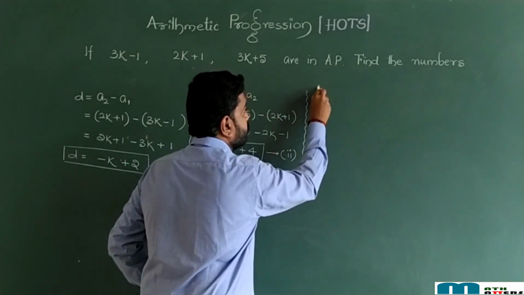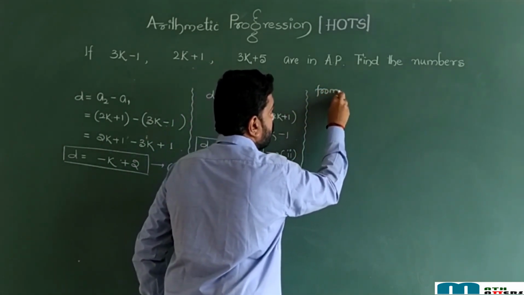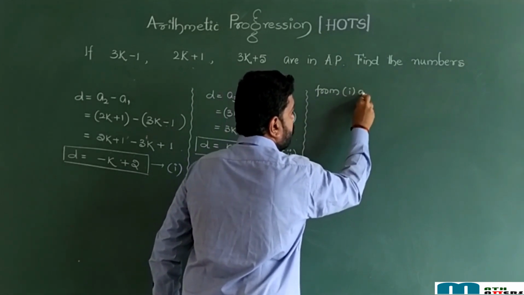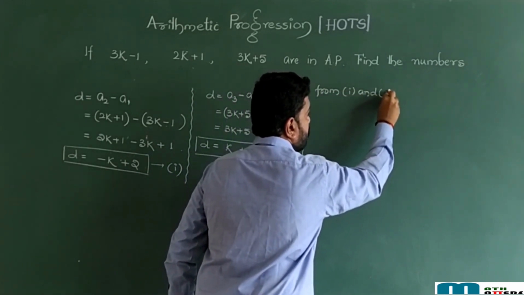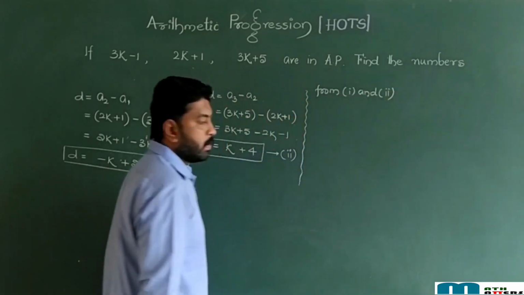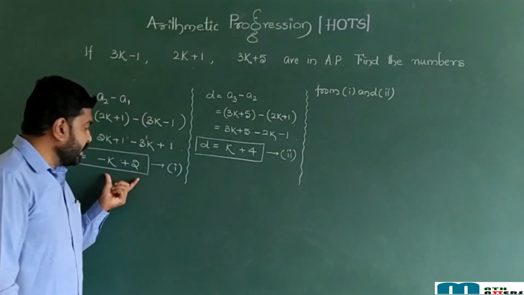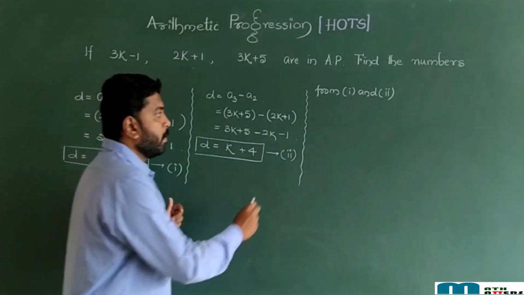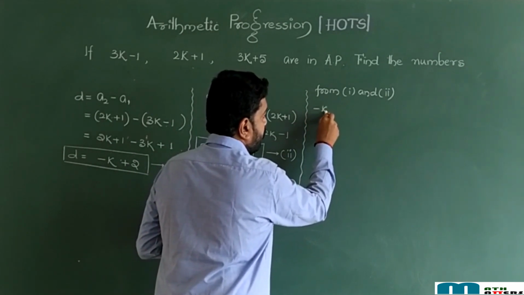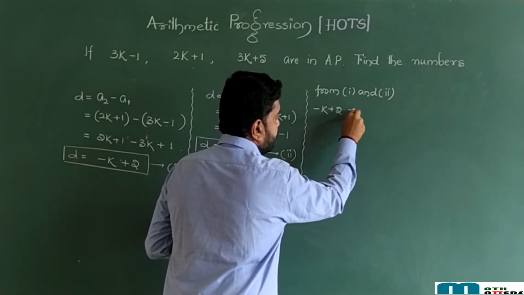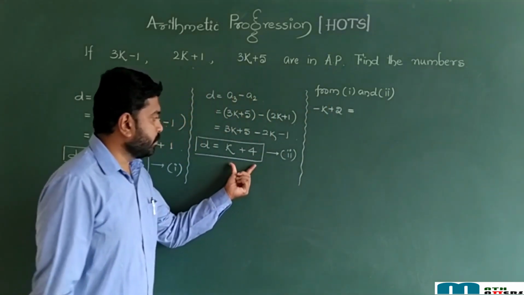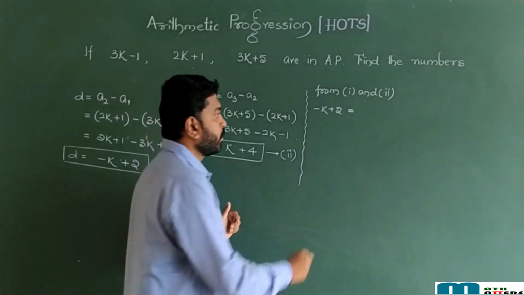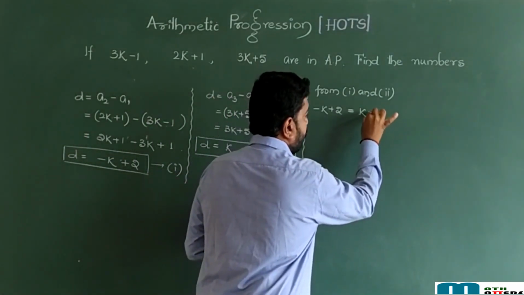From one end, this minus k plus 2 is equal to this term, k plus 4.